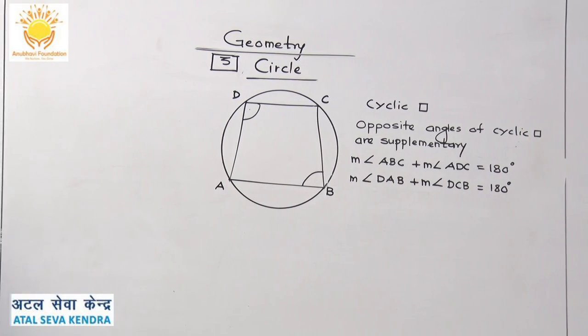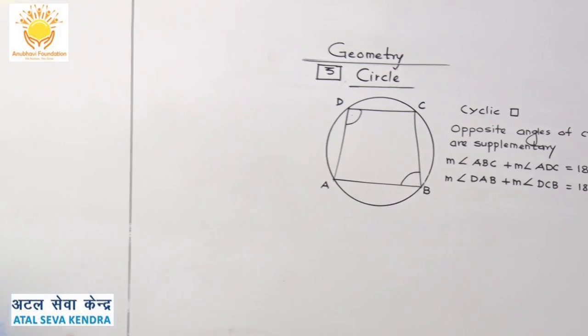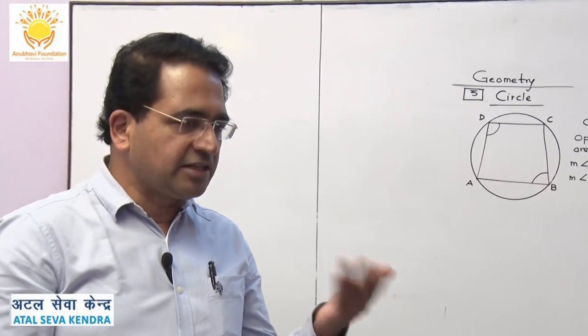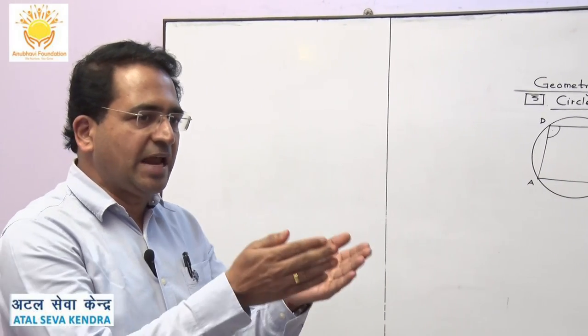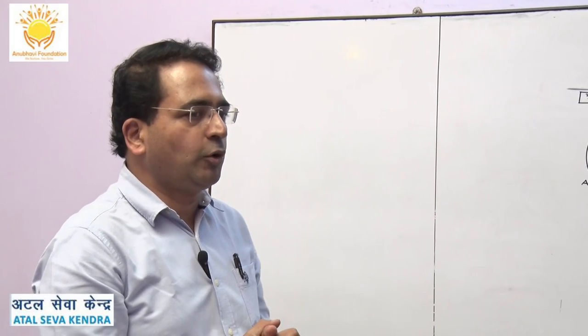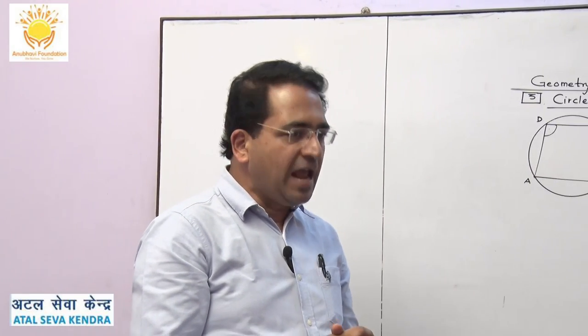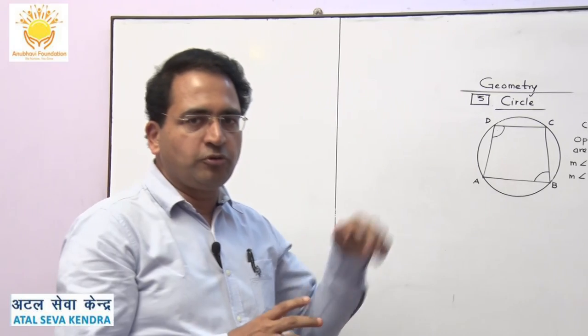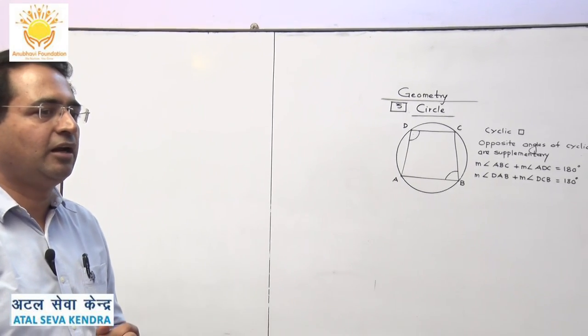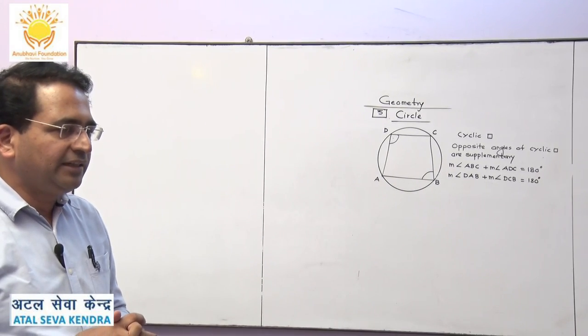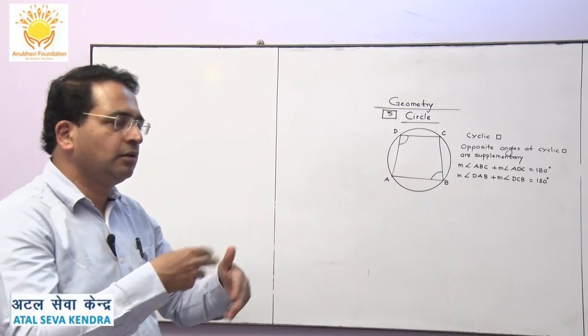Now remember one thing: the theorem I discussed in the beginning, that tangents drawn from an external point to a circle are congruent, and this one, opposite angles of a cyclic quadrilateral are supplementary, are asked one by one.